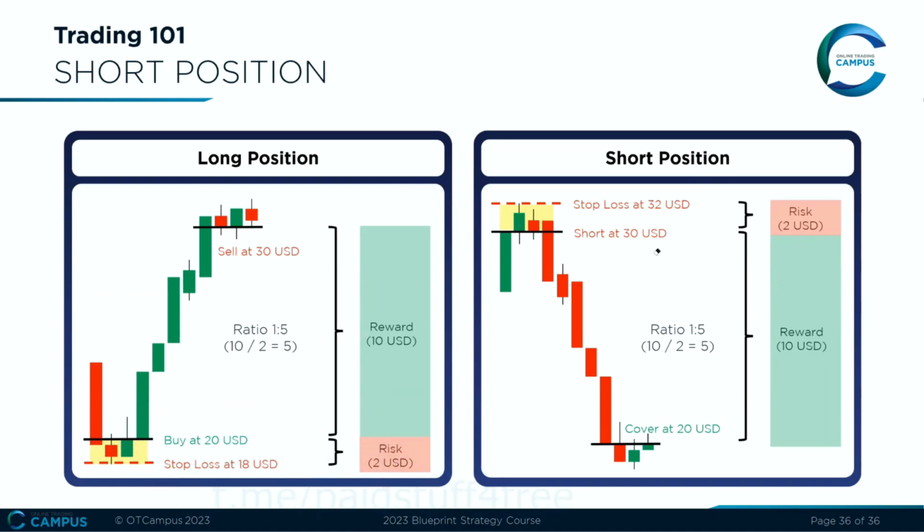And similarly, on a short position as well, the green boxes need to be bigger than the red boxes. So price needs to decline further away from the entry than if it rallies. So you're capping your risk, and then you're letting the profits run to the downside. And the same applies to the longs versus the shorts.